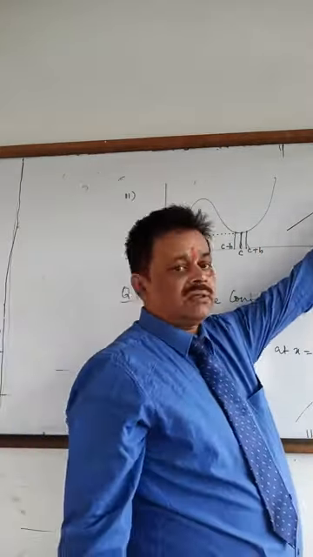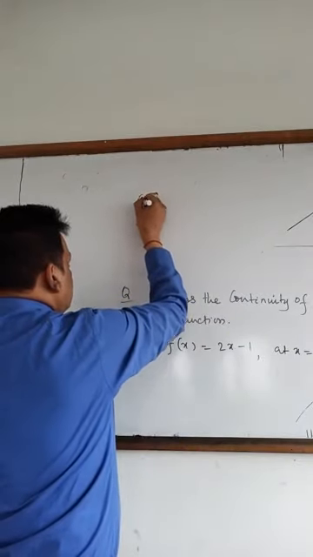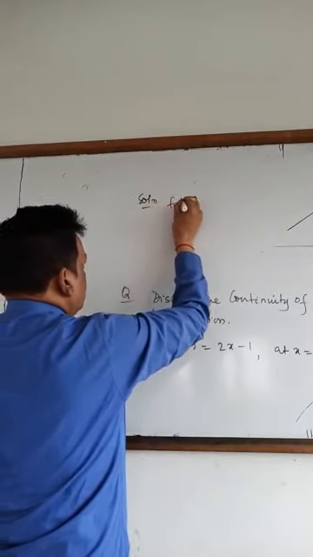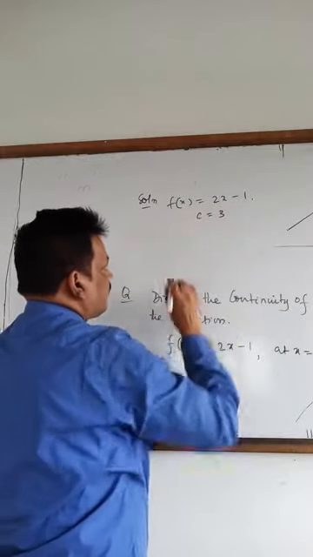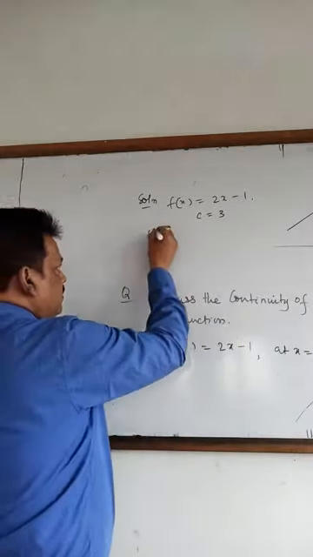So we'll take some steps here. Now f(x) equals 2x minus 1, and the c value you have taken here is 3. So what is your left hand limit? LHL. Left hand limit. Now limit x tends to 3 minus of 2x minus 1. Why 3 minus? Now left of 3.